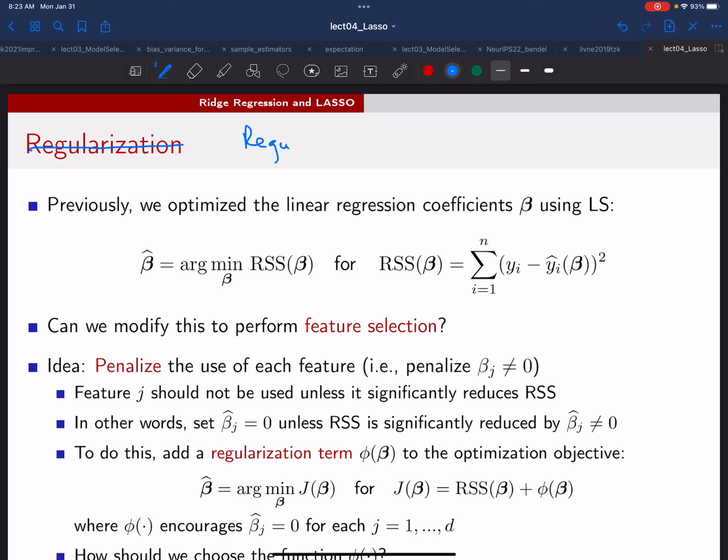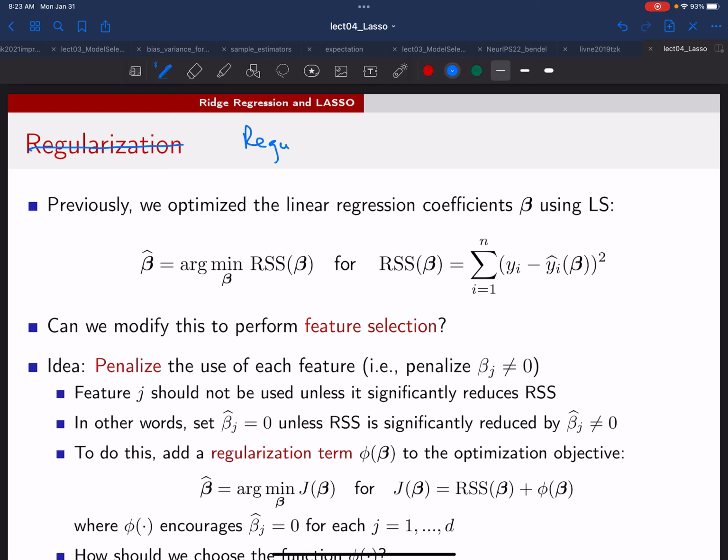This is the old method. So we just minimize RSS, and this is our training data. And so what we'd like to do now is add a regularization term that allows us to still use our RSS but also do feature selection.